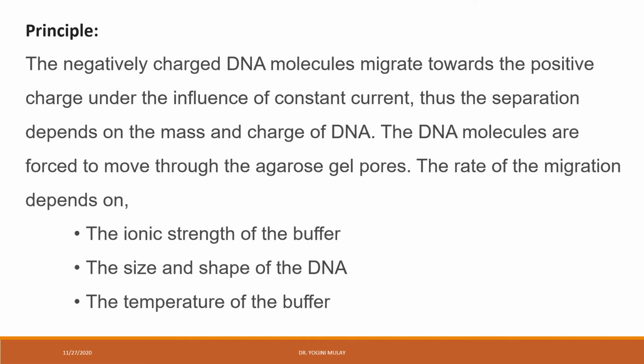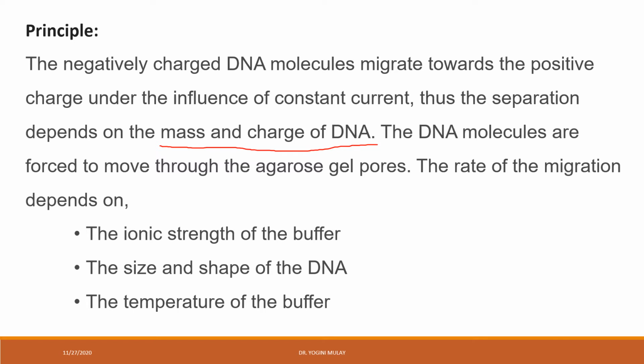Okay, now what is the principle of agarose gel electrophoresis? Here, the negatively charged DNA molecule migrates towards the positive charge, and this migration is possible because of the influence of constant current. Thus, the separation of DNA depends on the mass of DNA and the charge of DNA.